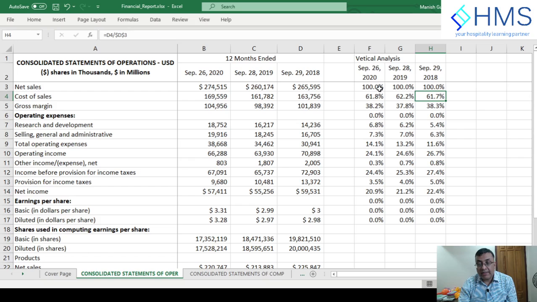Now we will be able to explain it in a better sense. You can see the cost of sales has increased from 61% to 62%, or 61.8%, which means pretty much that the margin overall remains the same.